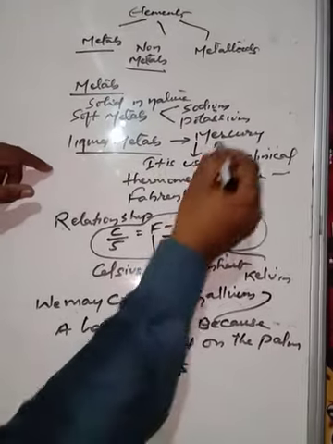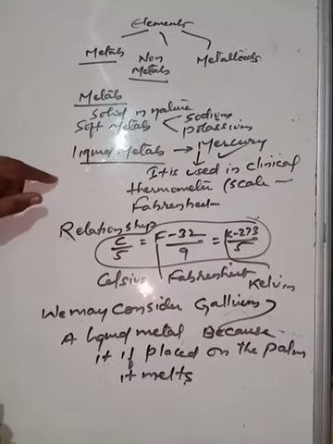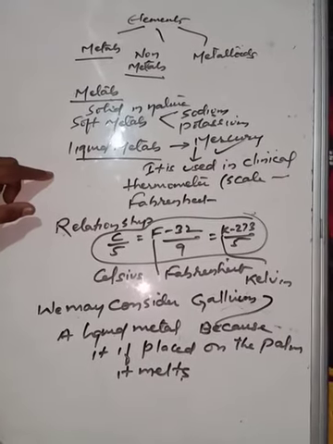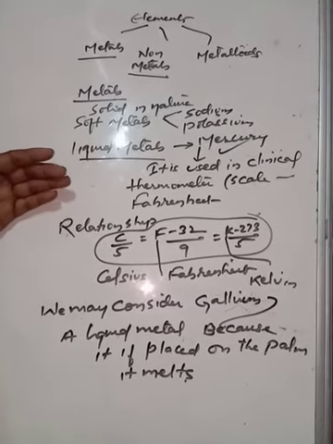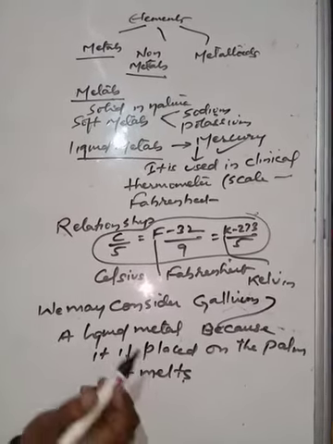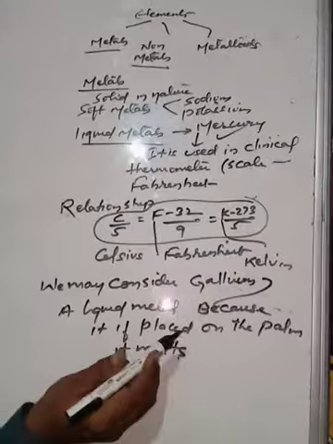So the first priority you have to give is mercury. If two examples are to be considered, then you will write gallium, because by gaining the heat of the palm, this gallium metal liquefies.